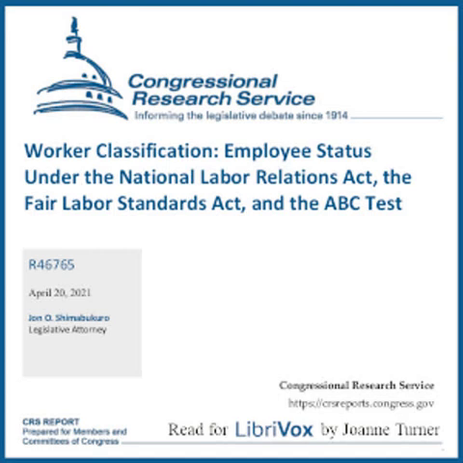Applying the test, courts and the National Labor Relations Board, or NLRB, the federal agency that enforces the NLRA, consider a variety of factors derived from the Restatement Second of Agency to determine whether a worker is an employee or an independent contractor.